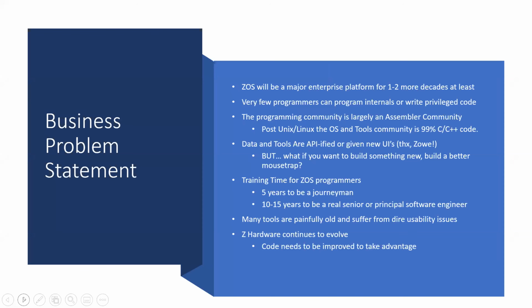Yet the business problem is that we're running out of programmers who can do the deeper stuff. To some extent, there are a lot of programs that already exist and we're building APIs to them. But suppose you want to build a better mousetrap, or take advantage of new Z hardware, like a lot more with security, new opportunities for more parallelism in processing, and SIMD instructions.